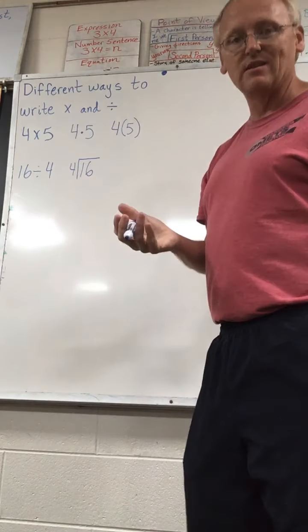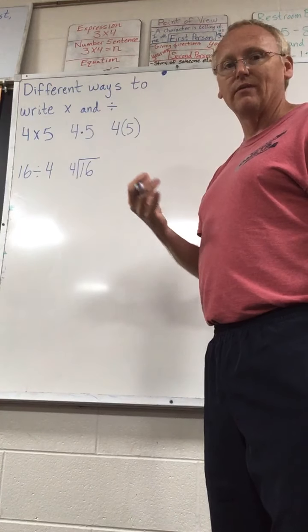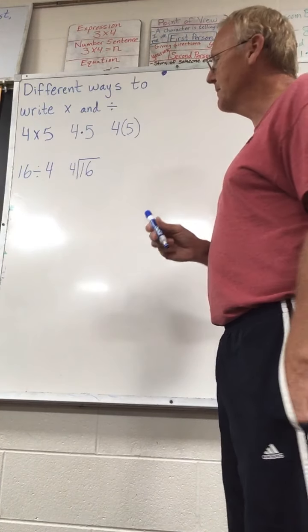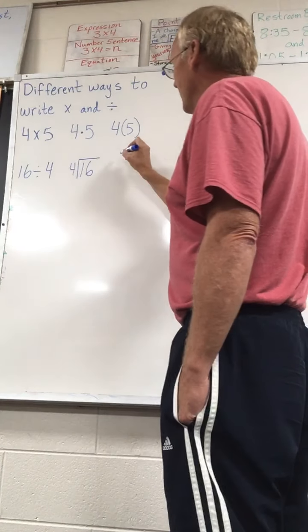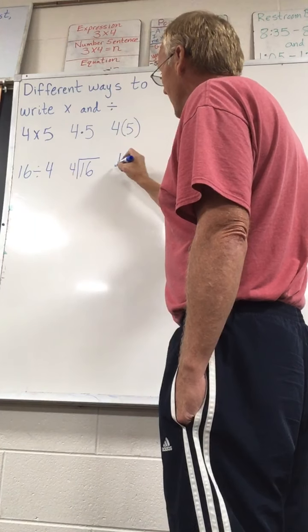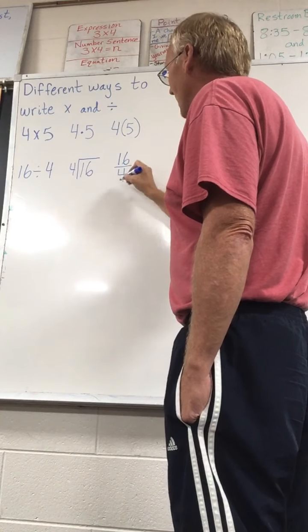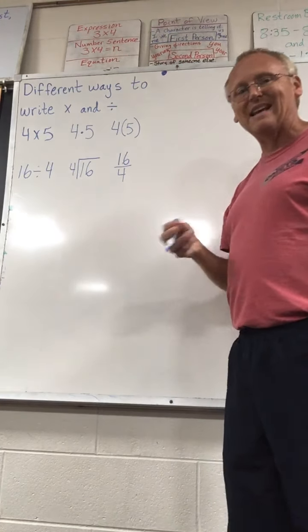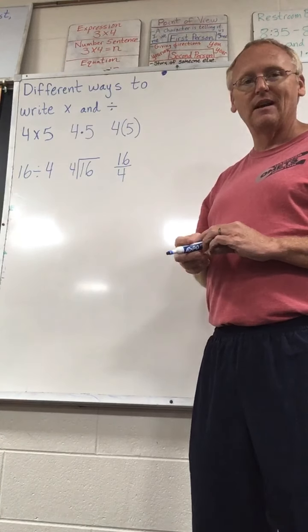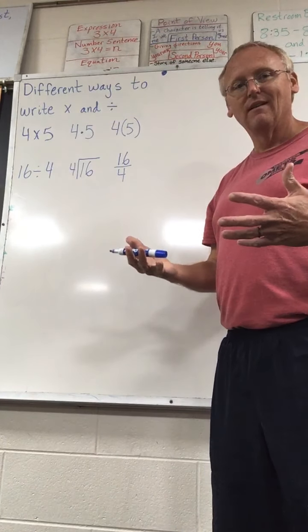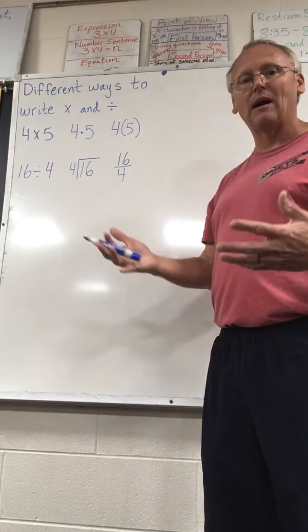And eventually you'll get into something called long division, where for long division you always use the box. And then the other division one is like a fraction, so you could have done 16 over 4, meaning 16 divided by 4. We actually call this an improper fraction because the bigger number's on the top. That's not a normal thing for a fraction, so they call it an improper fraction.